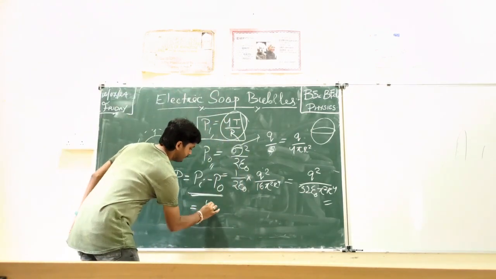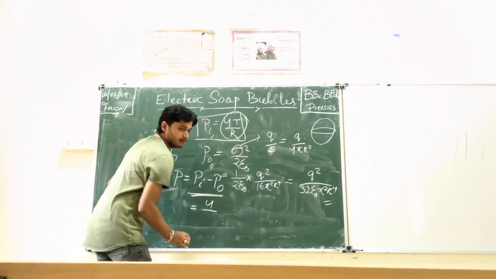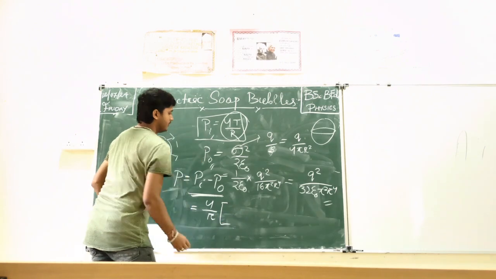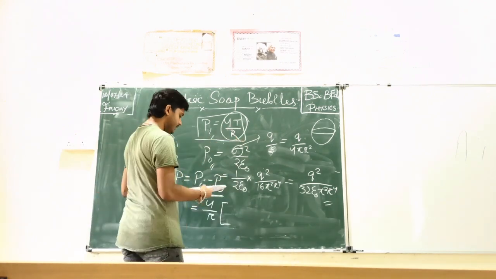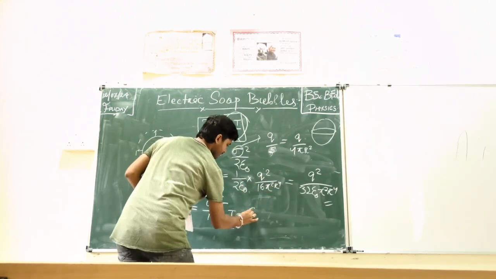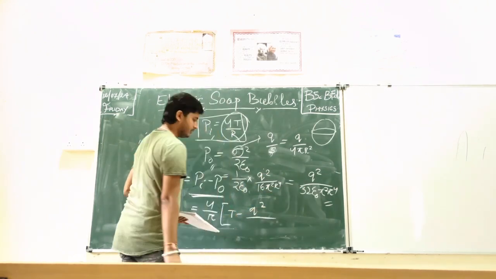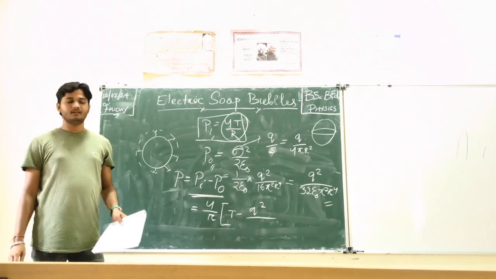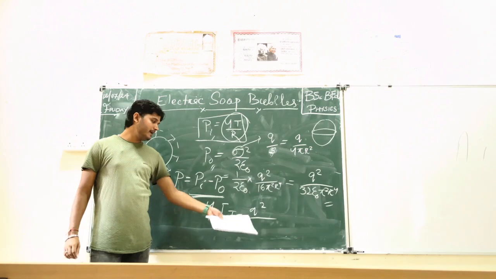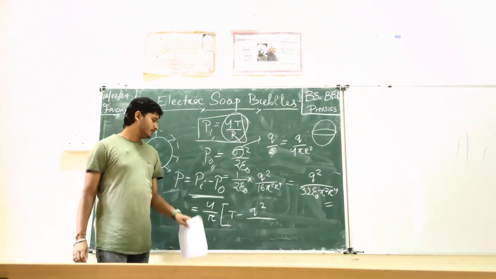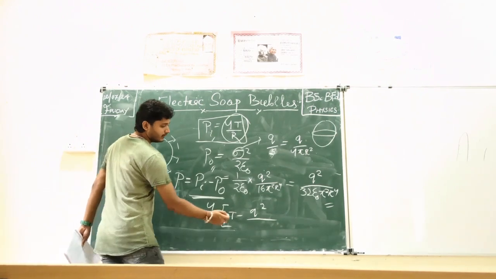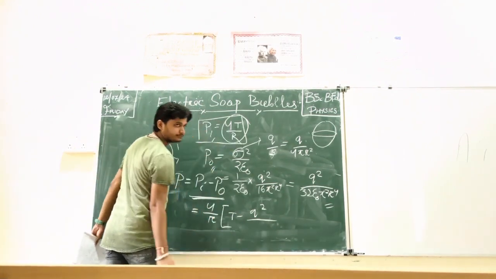So 4 by R is common. Then T minus Q square by, here 32. It's just outside the 4.